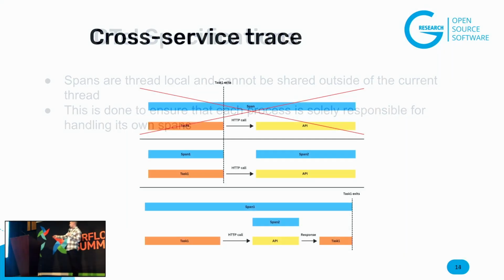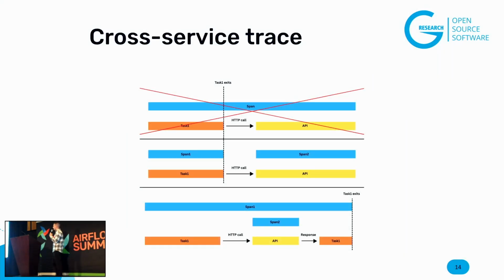Let's see here. For example, if we have task 1 and task 1 ends, the process exits and then it does an HTTP call to another API and delegates the context, we cannot have the span object shared. We cannot move it on to the API. It cannot continue there. We are going to have to create a different span.